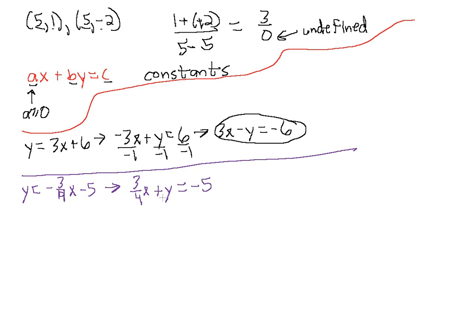Okay, now this answer is fine, but we can actually get rid of the fraction in front of x, which is generally a good idea. We don't like to leave fractions in our answer, so we can multiply the entire equation by 4, or we can multiply all three terms by 4. That'll cancel this 4, so we have a positive 3x plus 4y equals -20.